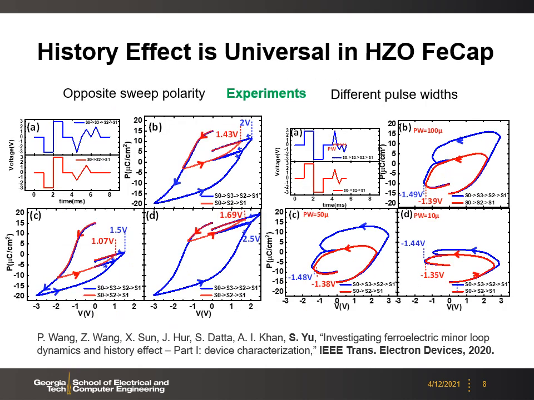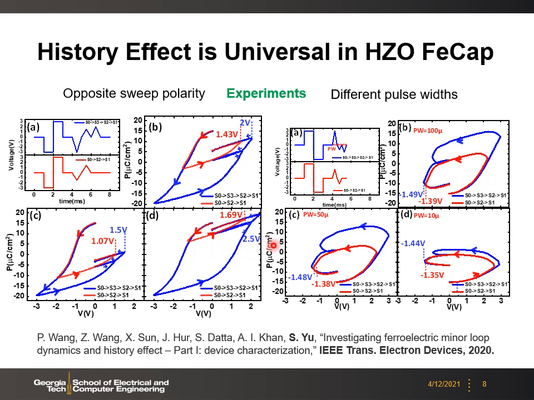We also validated the history effect in different measurement setups. For example, if we change the sweeping polarity to the positive side, we also see that different loops may result in different switching voltages even for the same transition between those two intermediate states, and we have seen this trend in different samples.